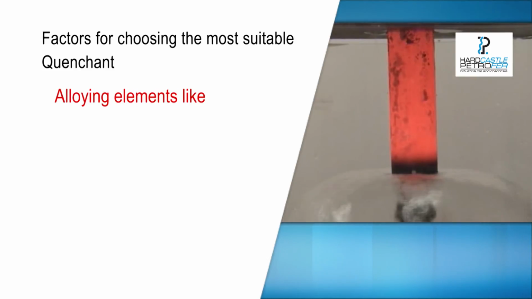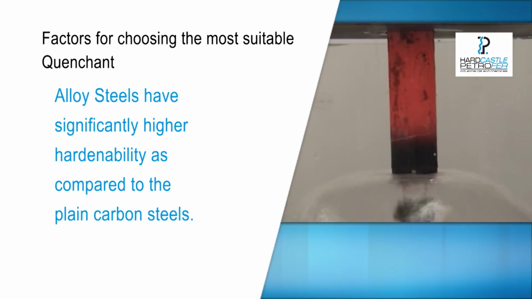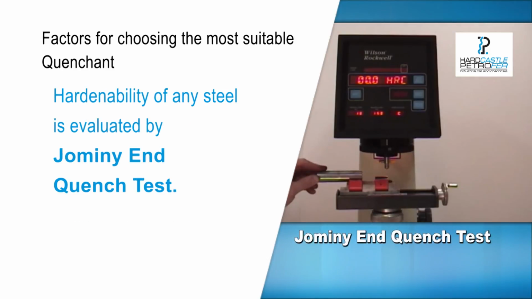Alloying elements like manganese, chrome, nickel, molybdenum, vanadium increase hardenability. Alloy steels have significantly higher hardenability as compared to the plain carbon steels. Hardenability of any steel is evaluated by the Jominy end quench test.